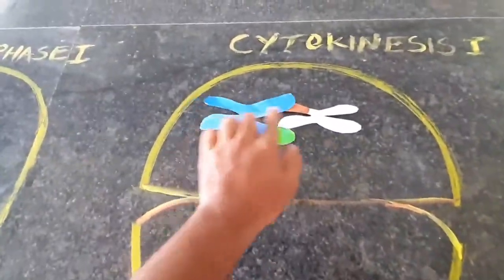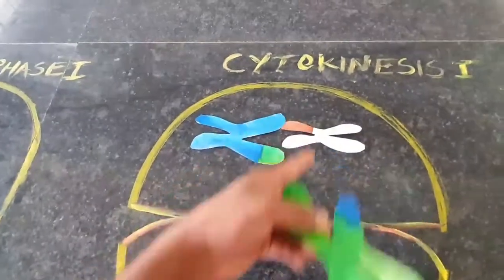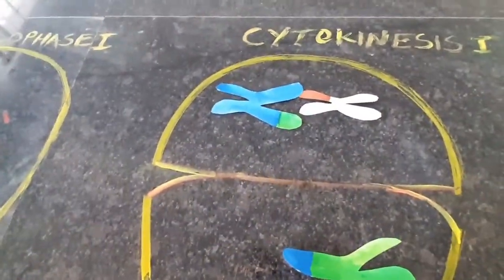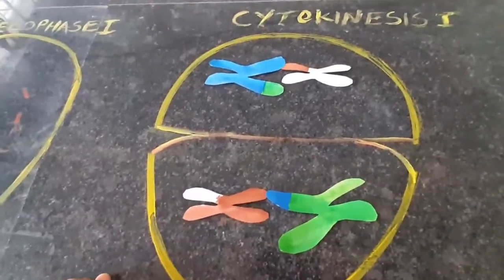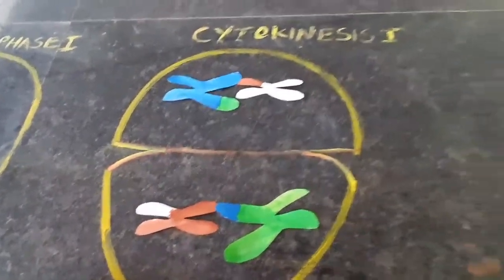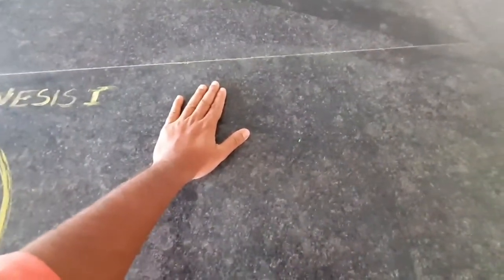Okay, so see now these chromosomes are inside this new daughter cell. After the end of cytokinesis 1, you see two haploid daughter cells. That's it. Next, there is nothing here, so you have to connect this to meiosis 2. Again it will undergo interphase, that is interphase 2 for meiosis.